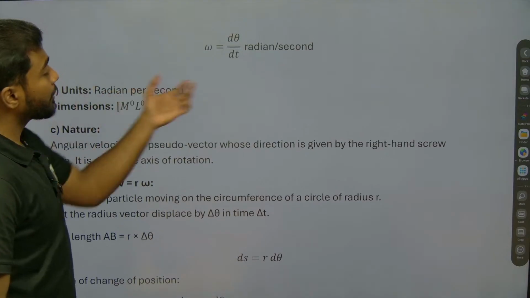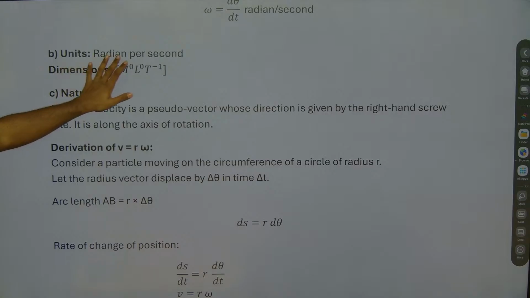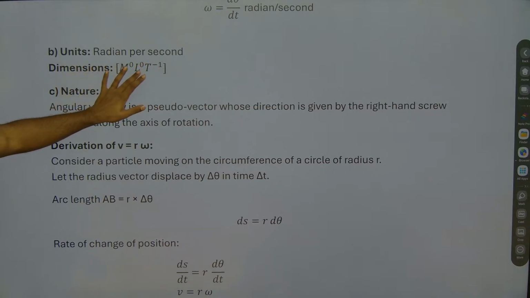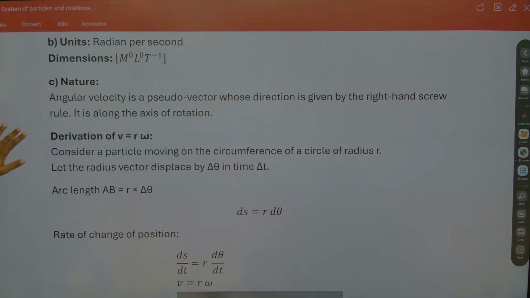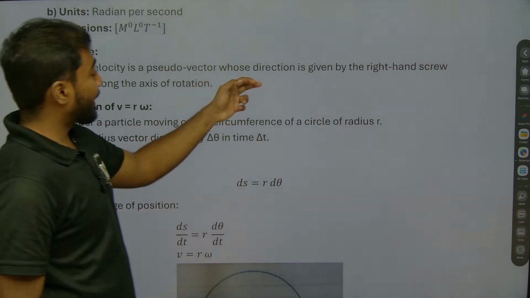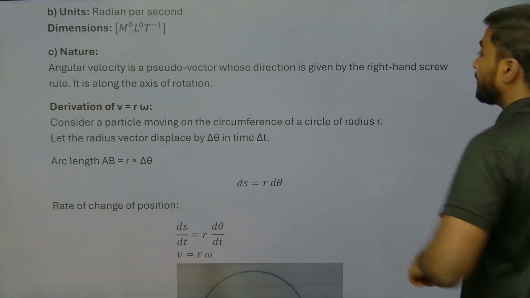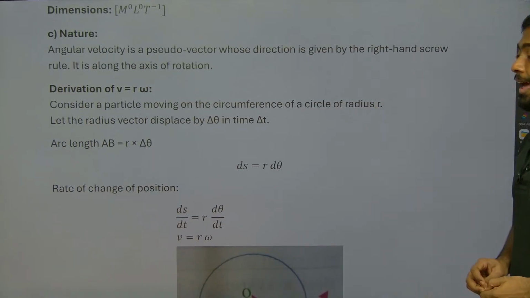So it will be measured in terms of radians per second. So the unit is radians per second. Dimension is M0 L0 T to the power minus 1. Right. So the nature: angular velocity is a pseudo vector whose direction is given by the right hand screw rule, and it is along the axis of rotation.